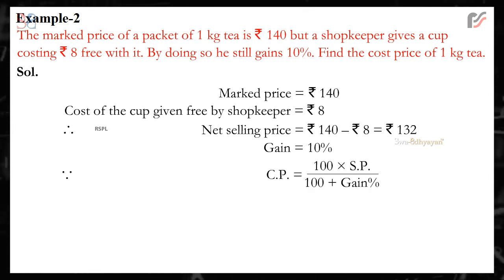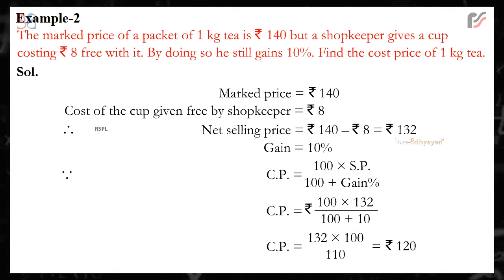Since CP is equal to 100 into SP upon 100 plus gain %, so CP is equal to Rs 100 into 132 upon 100 plus 10 is equal to 132 into 100 upon 110 is equal to Rs 120.